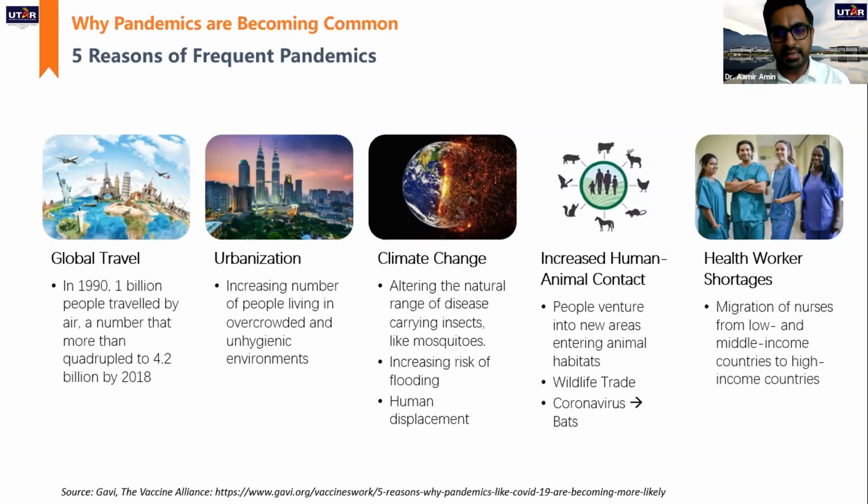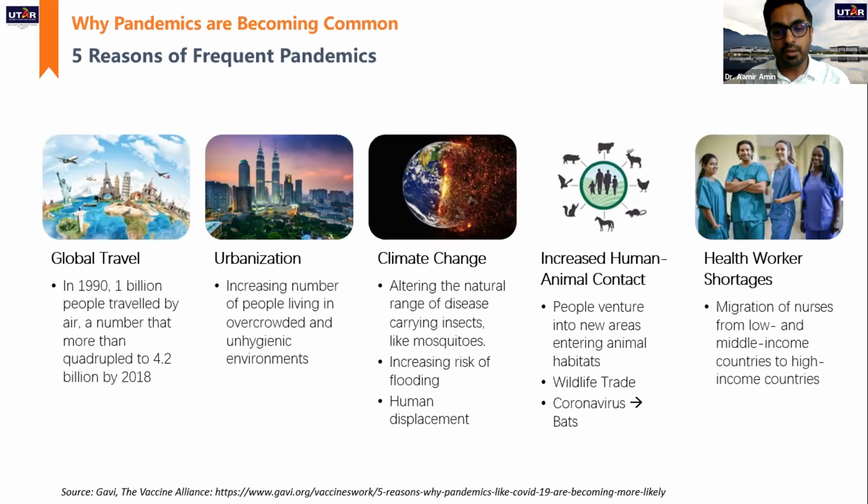The fourth factor is increased human-animal contact. One of these factors is that people are getting animals as pets. People are having zoos. We have cities with a lot of zoos. At the same time, the wildlife trade has also increased.